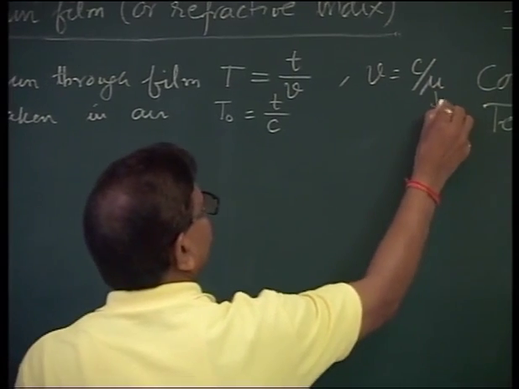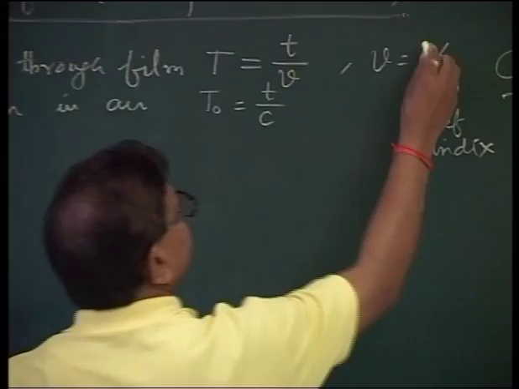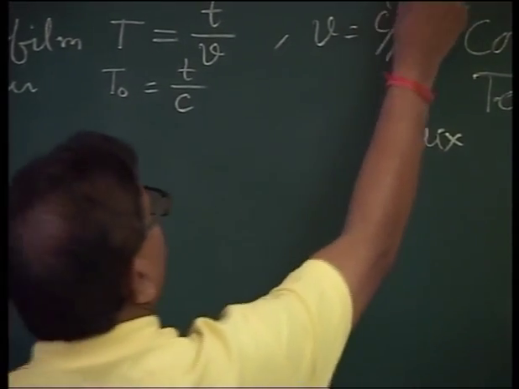Mu is the refractive index and C is the velocity of light in air.